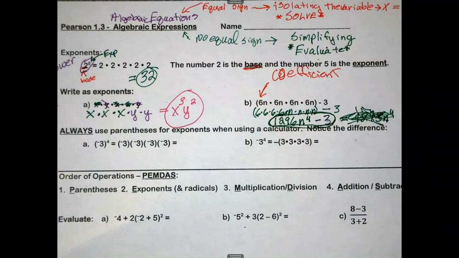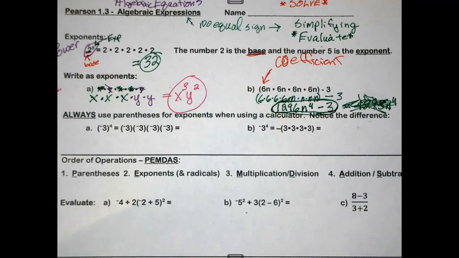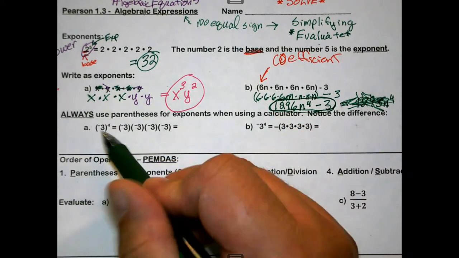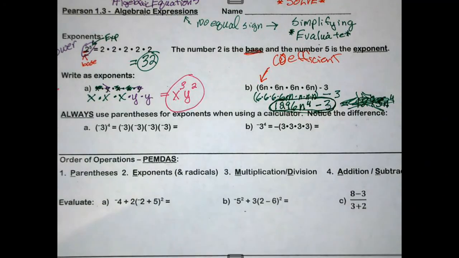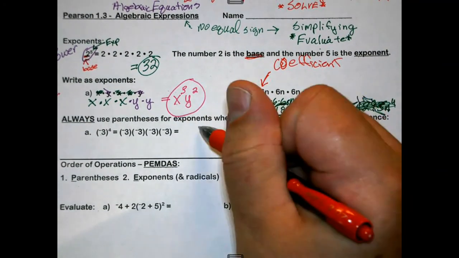I'm sure you've run into this problem before, where the negative sign, when you're taking it to a power, to an exponent, is included, because all it is is negative one times three, right?